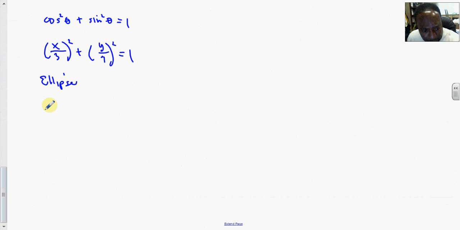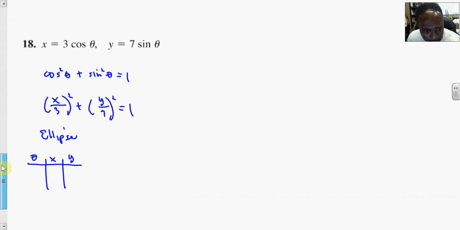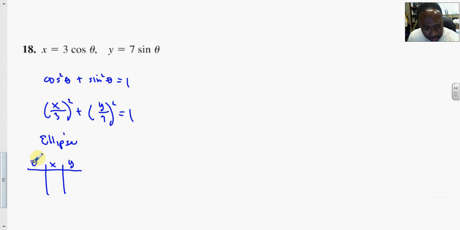So again, we need some direction values. If theta is 0, cosine of 0 is 1, so x is equal to 3, and we get y to be 0. If theta is π/2, cosine is 0, sine is 1, so we get y to equal 7.